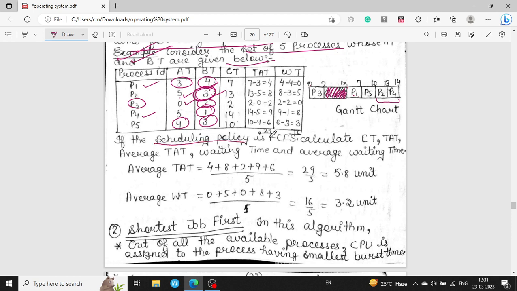If the scheduling policy is first come first serve, we have to calculate completion time, turnaround time, average turnaround time, waiting time, and average waiting time.